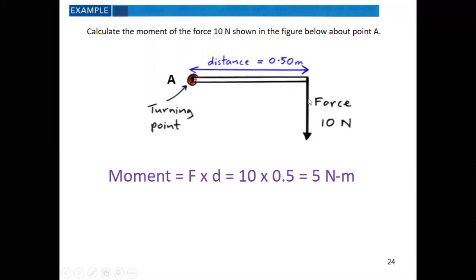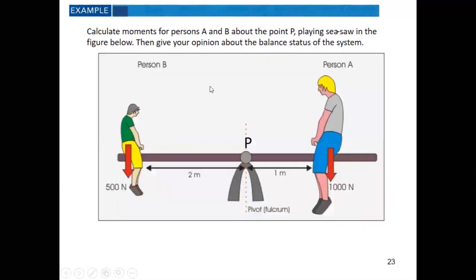The force is 10 Newton, the distance is 0.5, so 5 Newton meter. This is the moment. For balancing a system with moments on two sides, the moment due to person A and the moment due to person B should be equal. Then it will be balanced. So we can calculate and then see.